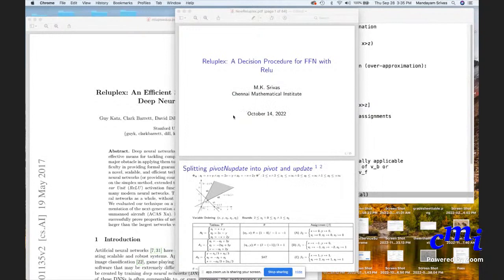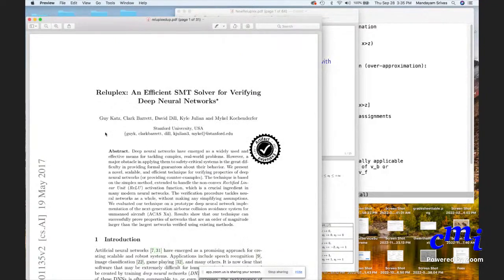I will be discussing Reluplex today, which is a decision procedure specialized for verifying properties of feed-forward neural networks with the ReLU activation function. The reference material is this paper.